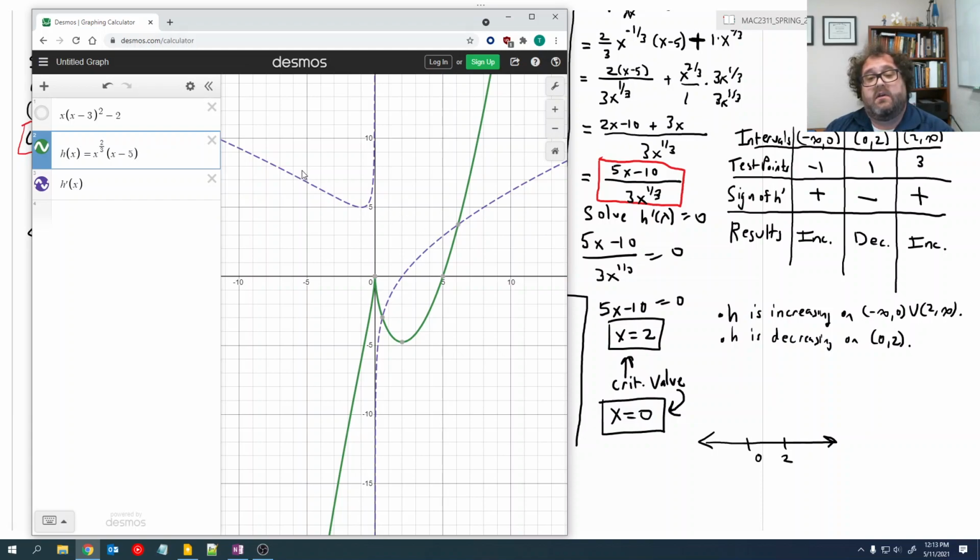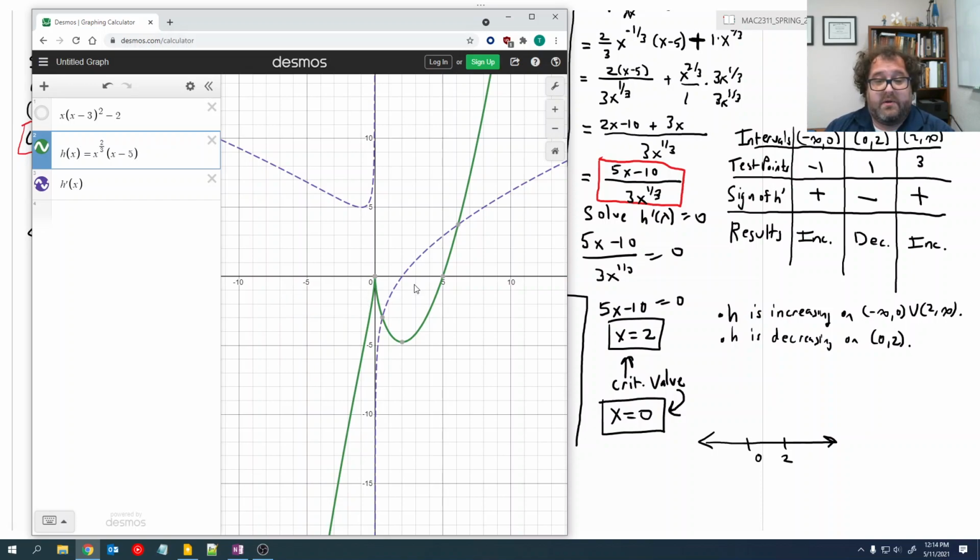So the derivative is over here on the top left. It's above the x-axis, which means that the original green function is increasing over that same domain. And yeah, so the derivative is above the x-axis from negative infinity to 0, which means the original function is increasing from negative infinity to 0. So yes, that's correct.